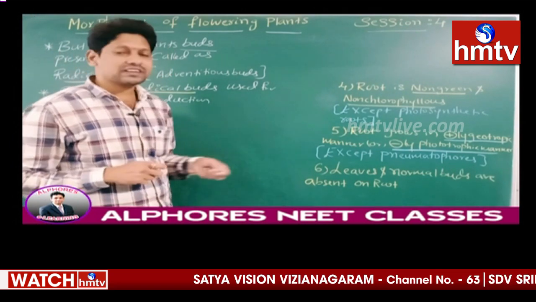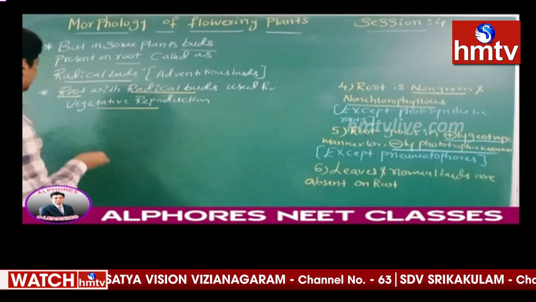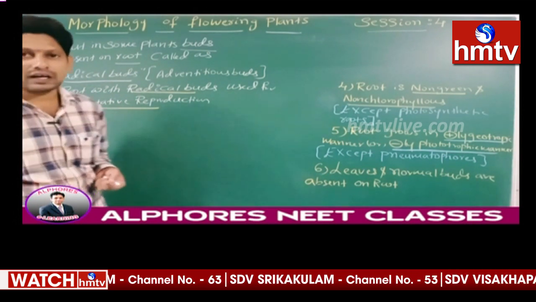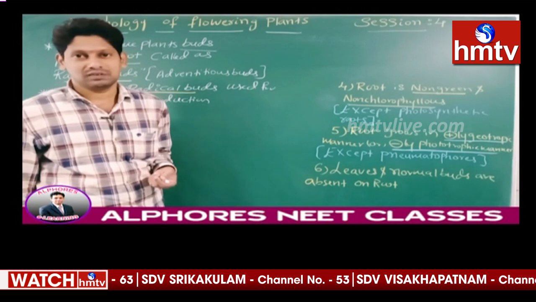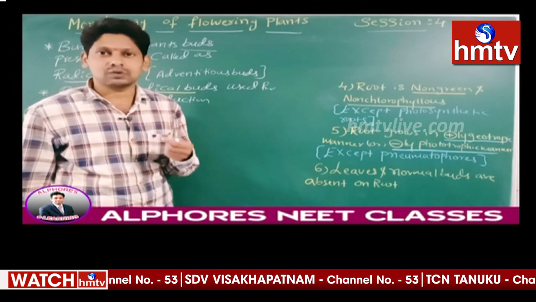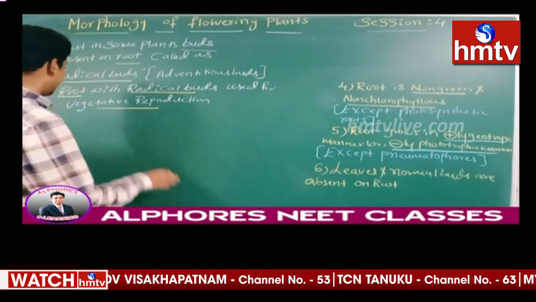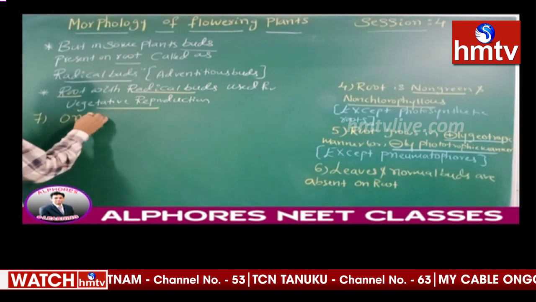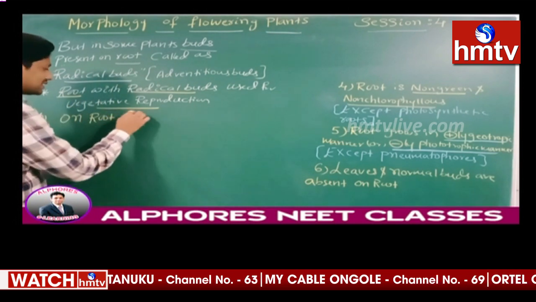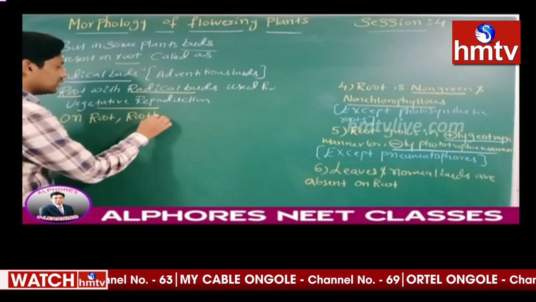Right. Now go for the next character of root, number 7. On root, root hairs are present. Lateral roots are present. These root hairs and lateral roots are arranged in acropetal manner.